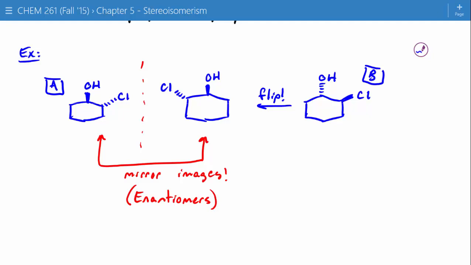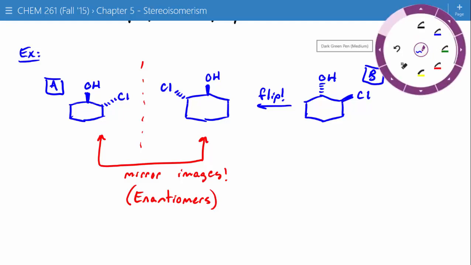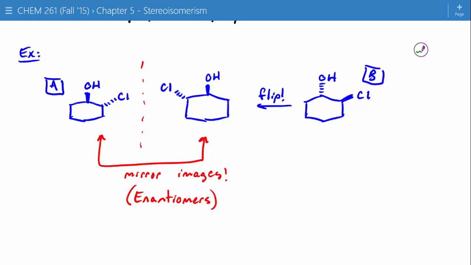Do you guys want me to show you an easier trick? All right. Let's determine the stereocenter for this carbon right there that I labeled with green. Is it R or S?